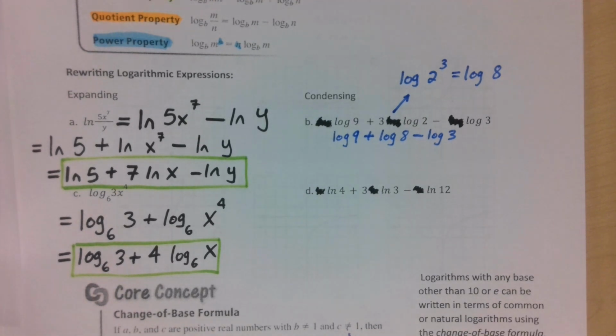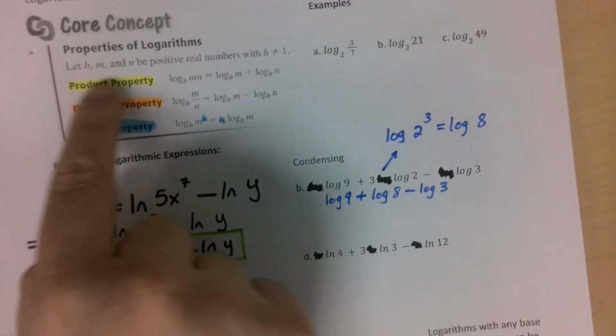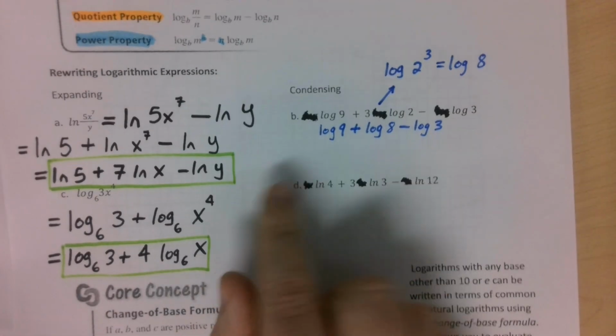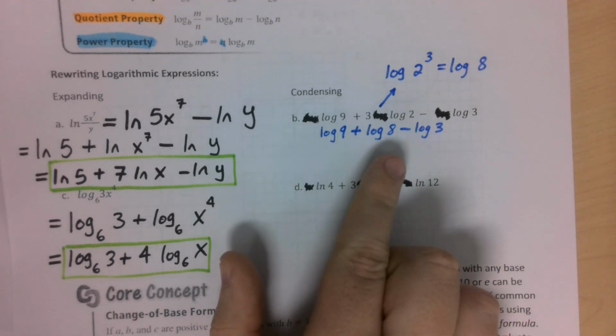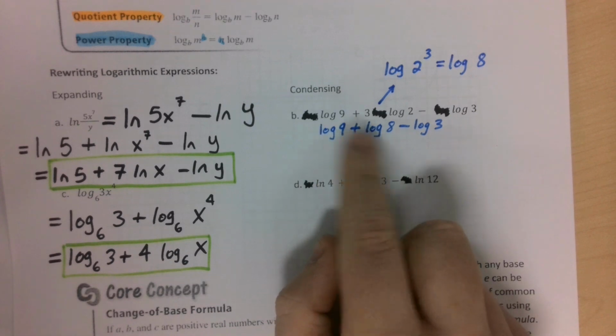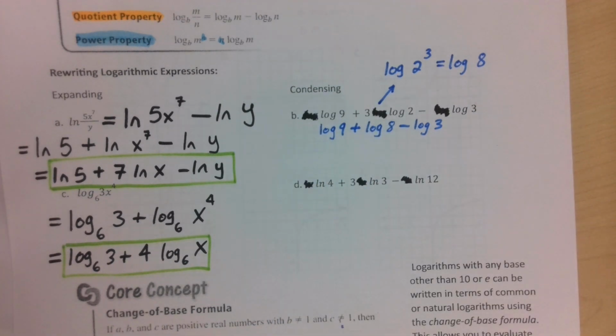Now we see a bunch of stuff being added and a bunch of stuff being subtracted. My recommendation? Deal with your products first, then deal with your quotients. So, here we have log of 9 plus log of 8. Remember that these are common logarithms. We imagine their base is 10.